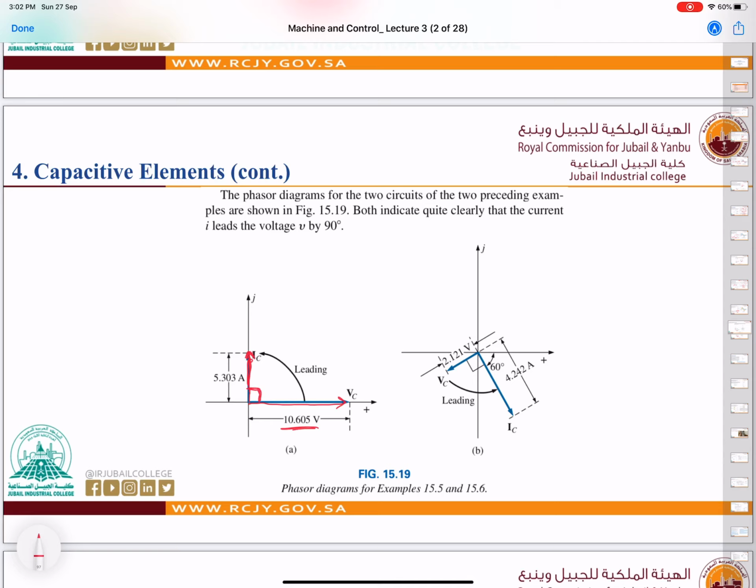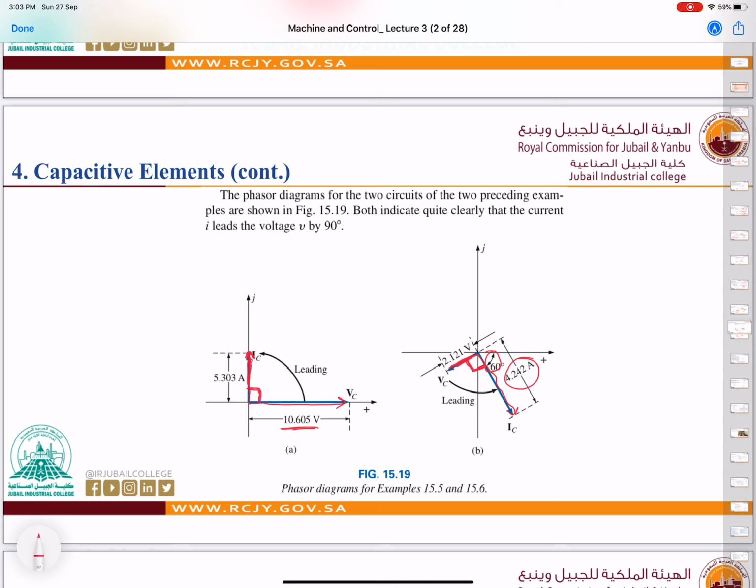But in this example, example number 2, we have minus 60 degrees, with a magnitude of 4.242, and again a difference of 90 degrees, with the value of the VC.